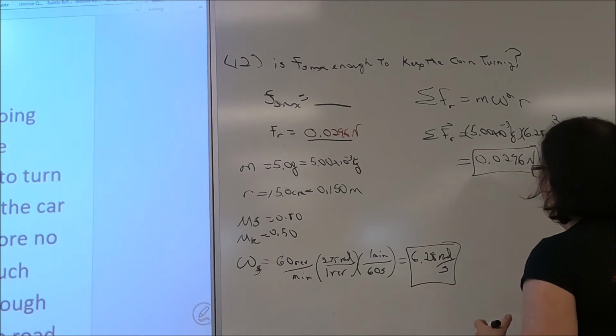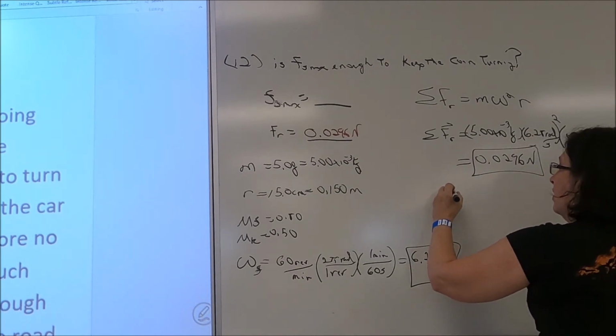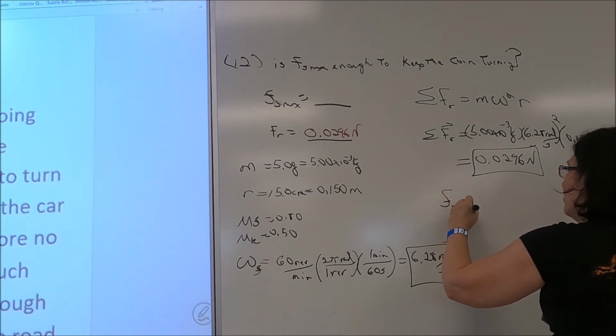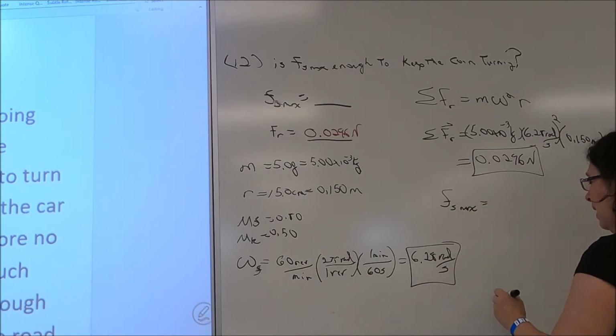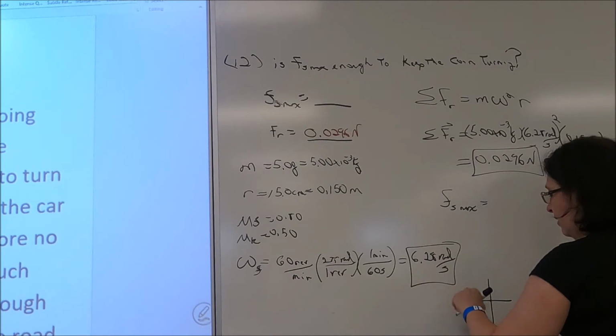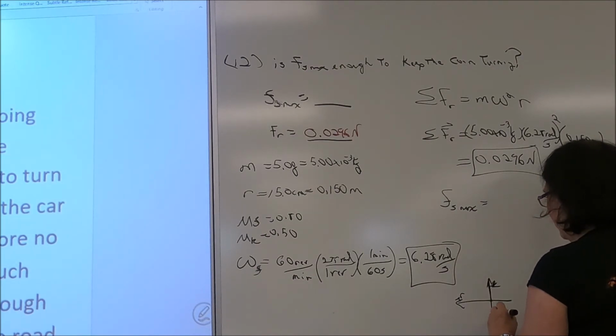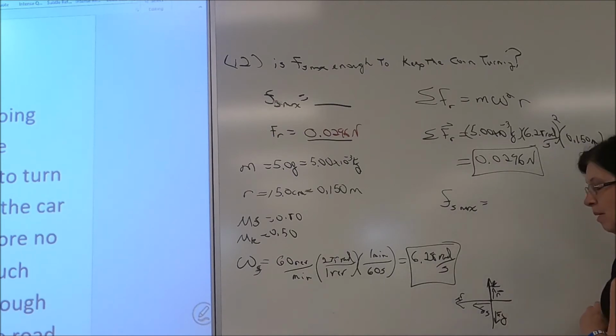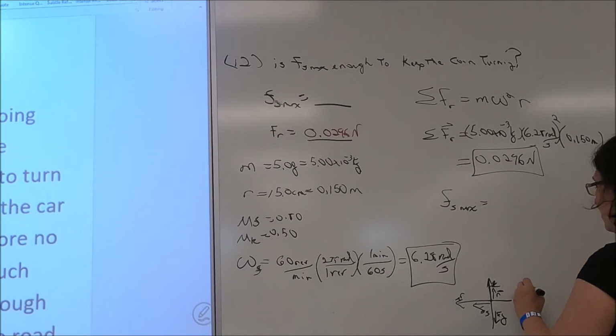Now, I need to figure out F sub s max. Okay, if you think about that coin, and let's say this is my plus r axis, and this is my z axis, plus z axis, then I've got a normal force here, force due to gravity here, and our F sub s that has to be pointing in this direction.